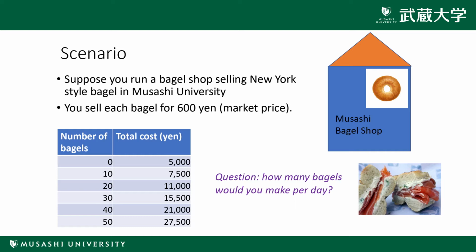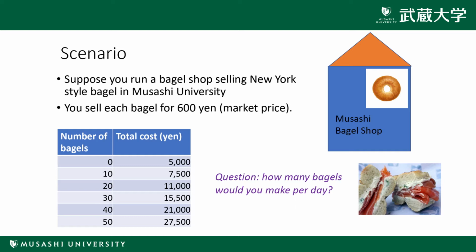And then the question that we want to answer today is an economic question related to how many bagels you would make per day. So in terms of production level, how many bagels is optimal? How many bagels is the best, right, to produce per day?